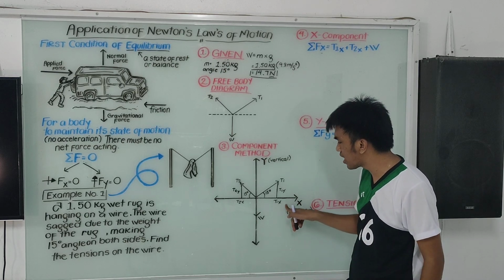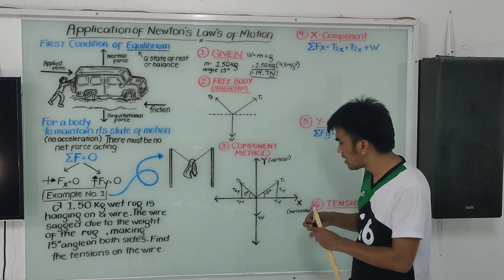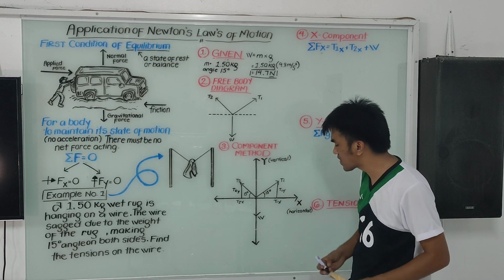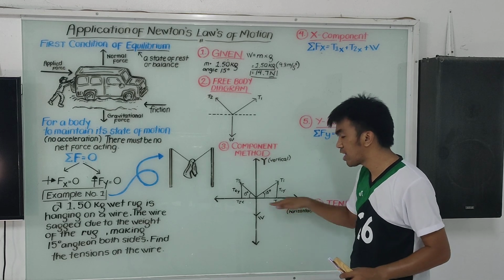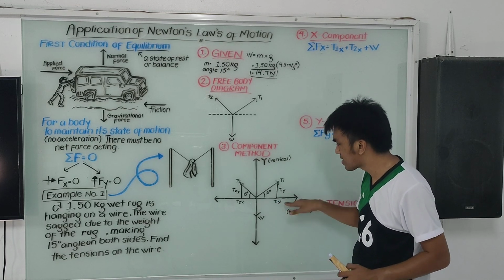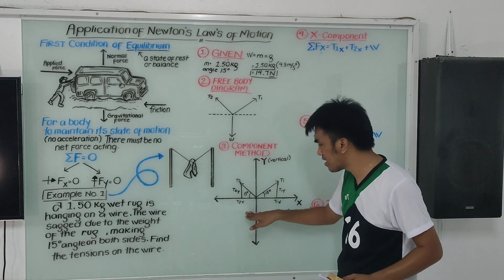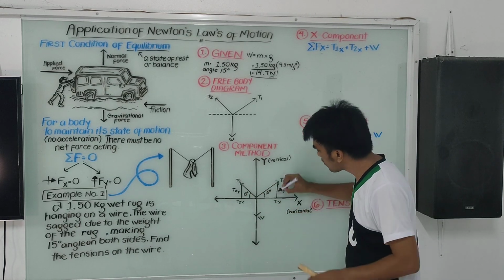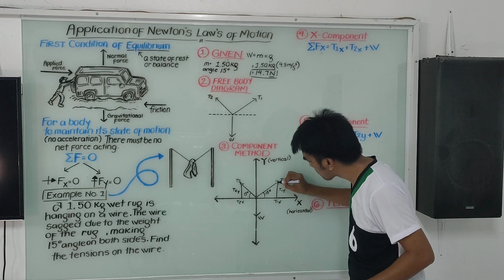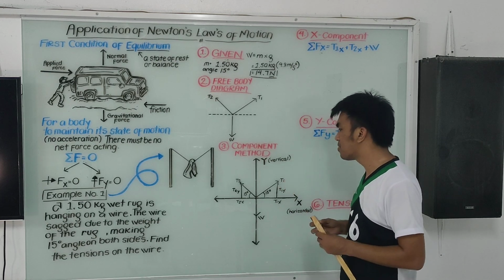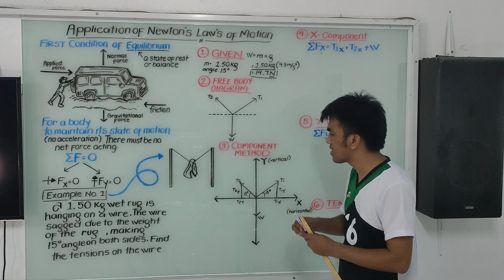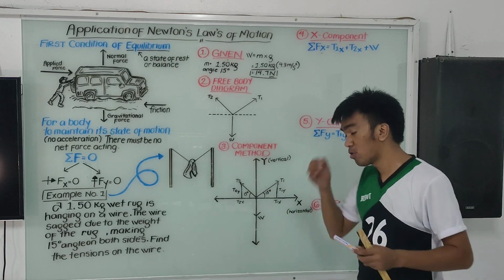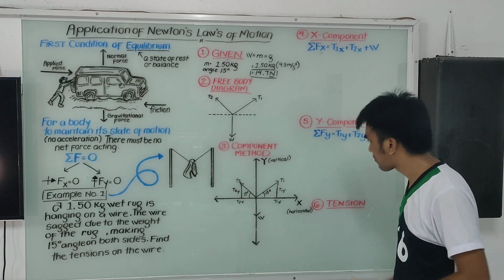Now, we identify all the components. For the x components, this one will be our T1x, because it's located on the x-axis. This is still x, but it's the tension 2 side. This is T1y, it's vertical, so it's a y component, and this side is T2y, because it's also vertical.